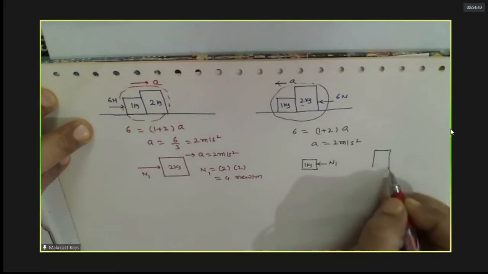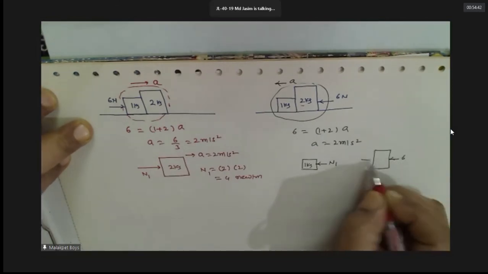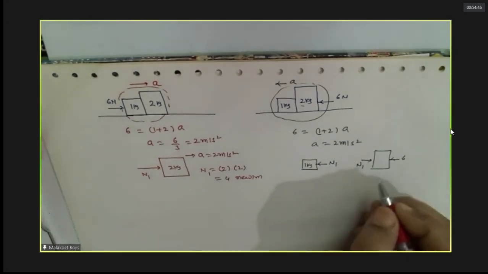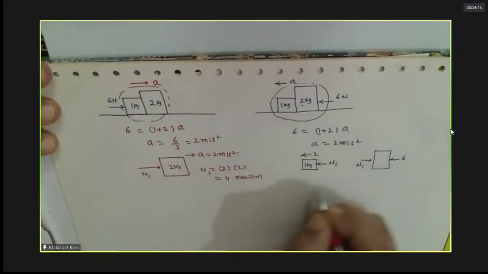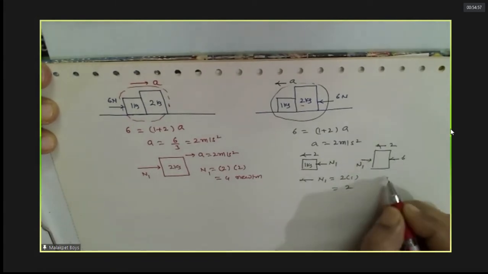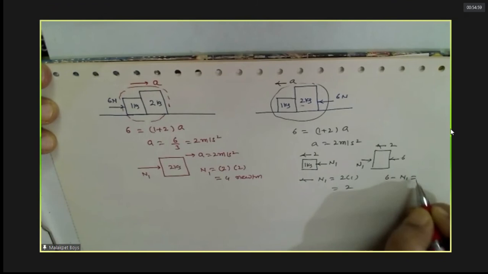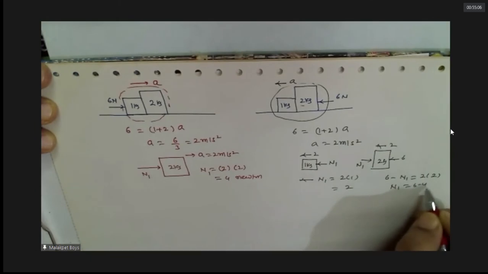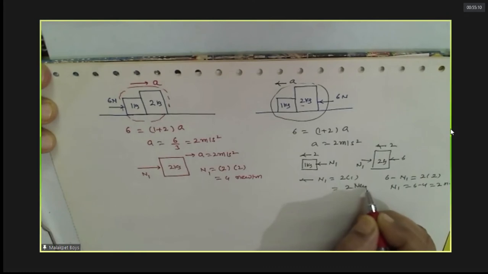Understood this? Now the acceleration is 2. So this N1 is how much? 2 into 1, no? 2. If you want to take it like this also, 6 minus N1 is 2 kg, no? So what is N1? 6 minus 4, 2 Newton. Anyway, you get the same thing.